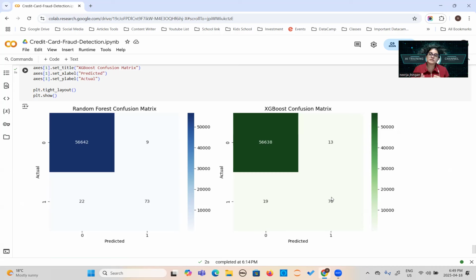Our goal in this kind of dataset is to reduce the false positives and increase, which one? This one, the true positives, right? Because if the transaction is fraud, your machine should also predict it correctly as fraud. Otherwise, it will be a huge loss for any customer.